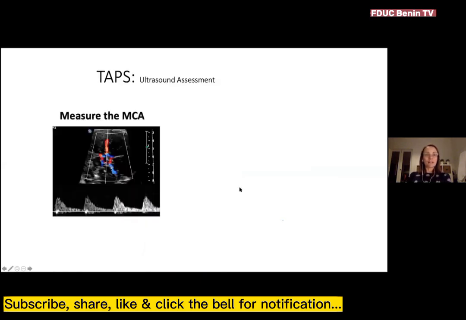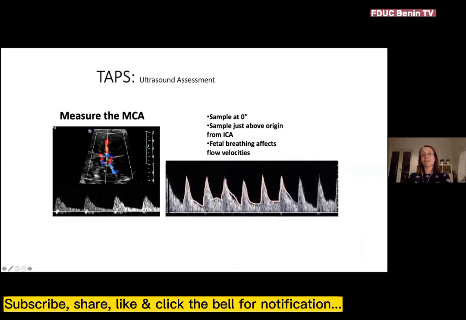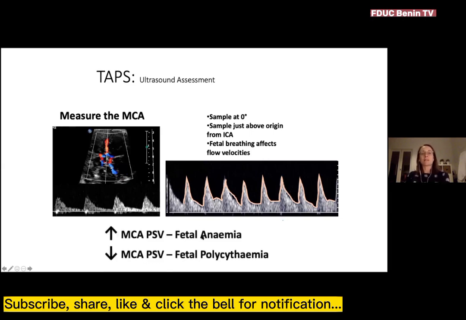So on ultrasound, as I mentioned, we measure the MCA. You need to measure it properly. It's very easy to get an abnormal result due to fetal breathing. So you have to make sure that you're getting the fetus when it's still and not breathing. And obviously what you're looking for is the highly discordant MCA-PSVs.